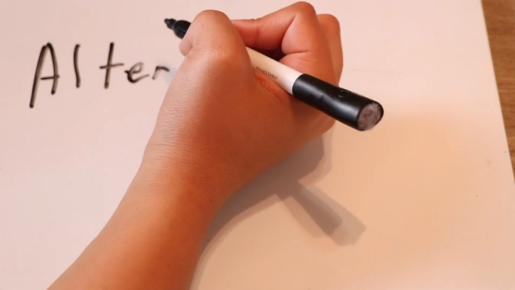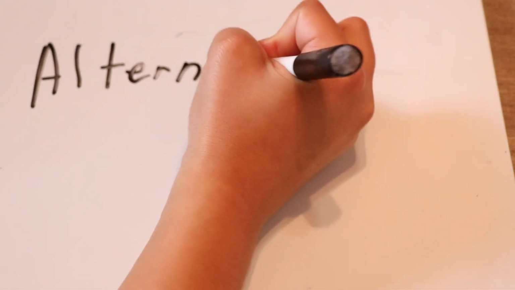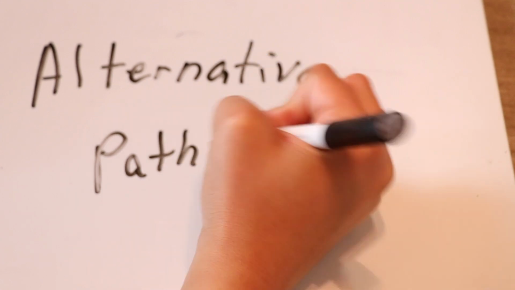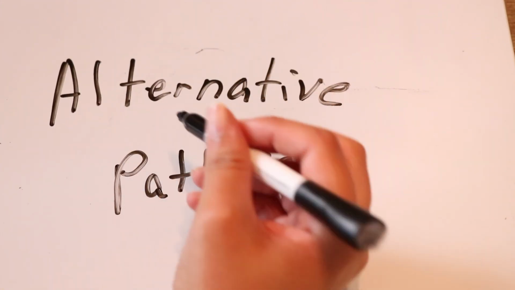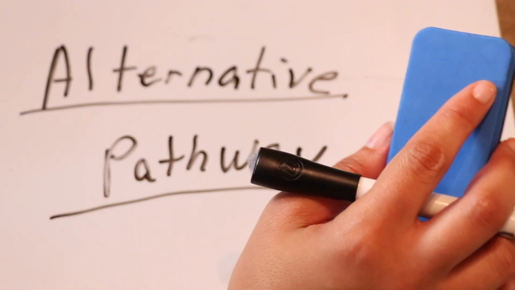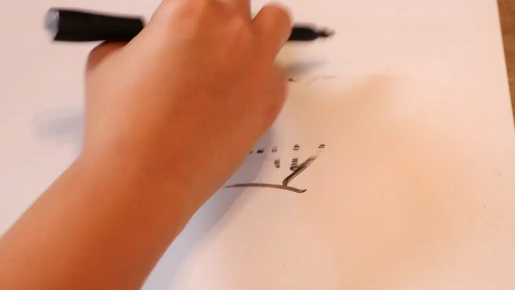So the alternative pathway is going to be triggered by a bacterial endotoxin, the outer membrane of gram-negative bacteria.